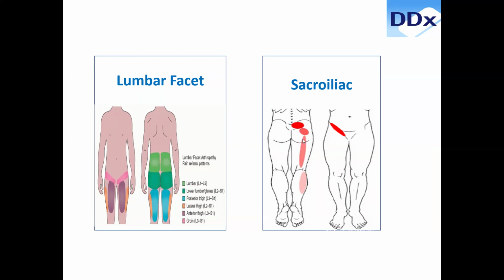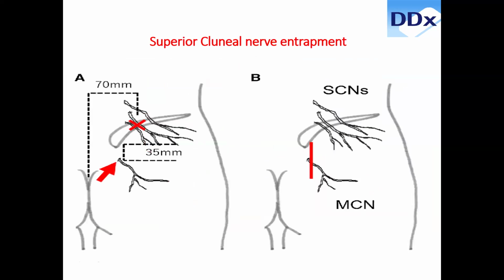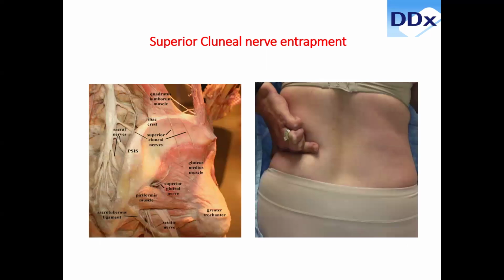Okay, differential diagnosis of sacroiliac pain: the most important one is the lumbar facet arthropathy here, lumbosacral radiculopathy at L5-S1 radiculopathy, superior cluneal nerve entrapment. Okay, we see this more and more nowadays.